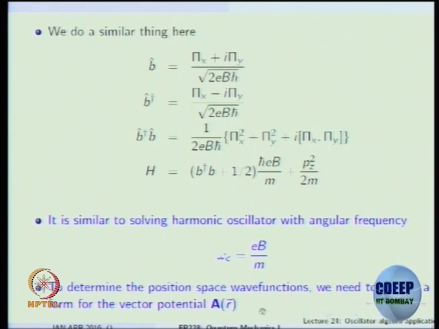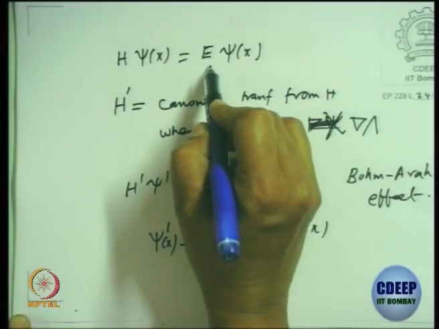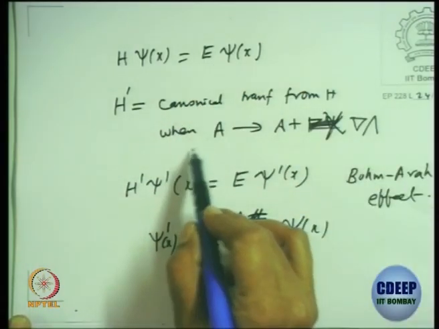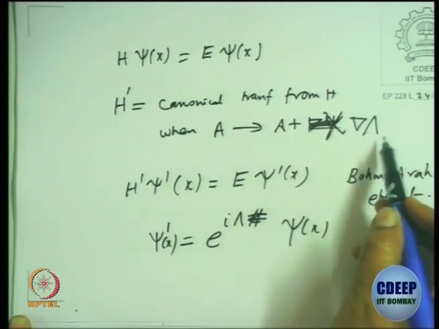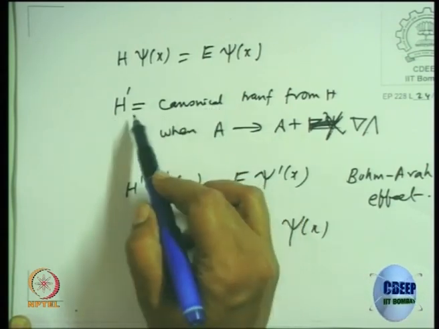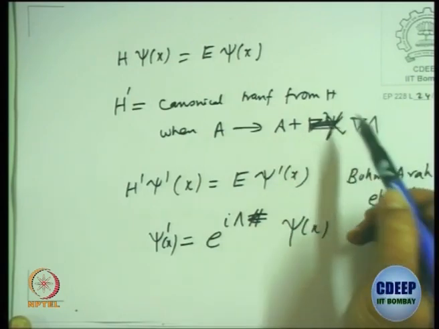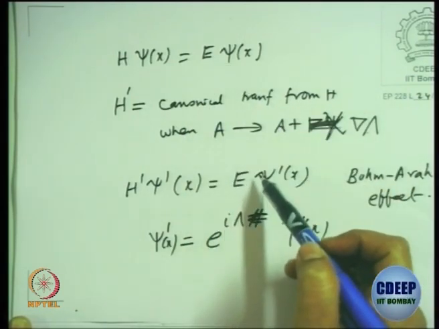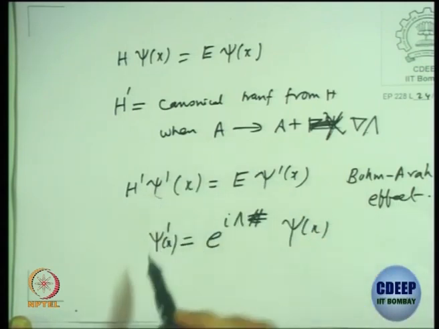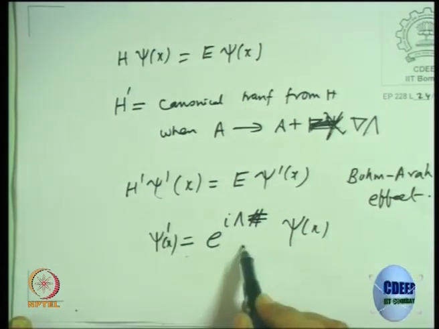Okay, so just for completeness, take the Hamiltonian of a particle in a magnetic field, and suppose the wave function has energy eigenvalue E. By doing a gauge transformation A to A plus gradient of lambda, you could get a new Hamiltonian, but this is what we will call a canonical transformation of the original Hamiltonian, because the energy spectrum remains the same. It's just that the wave function will pick up an overall phase factor, and no physics changes if you pick up the phase factors.